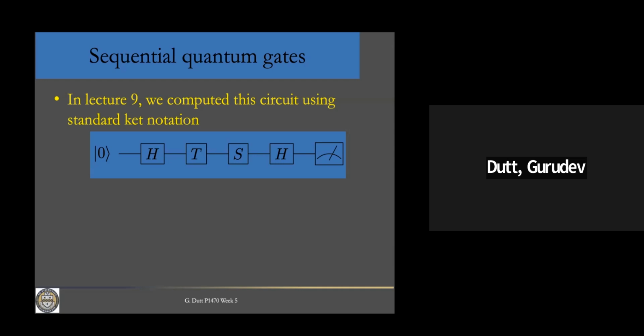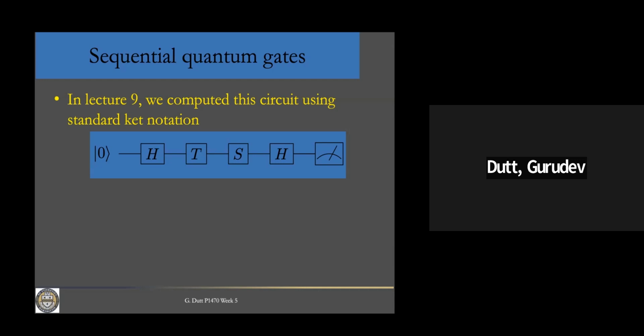That gives me 1 over root 2, 1 plus e to the i pi over 4, and 1 minus e to the i pi over 4.